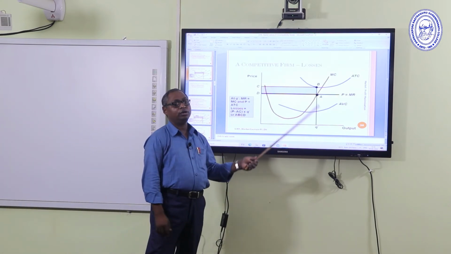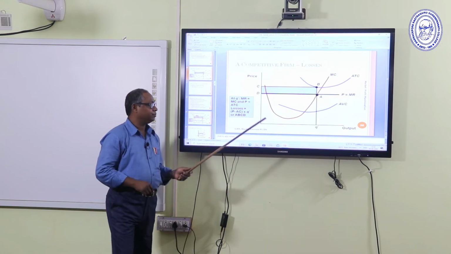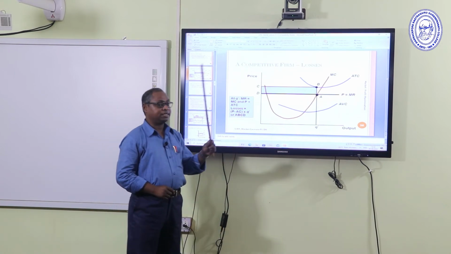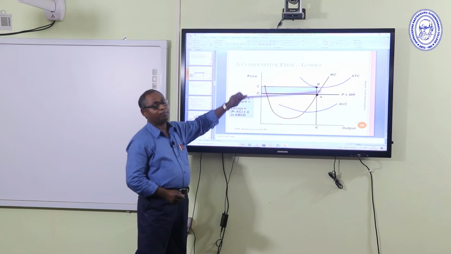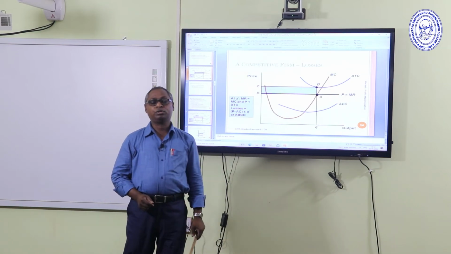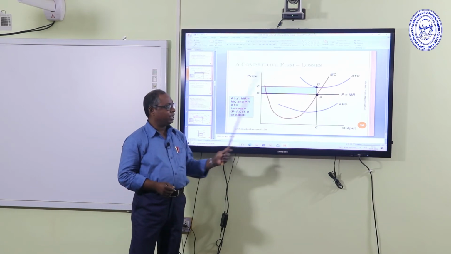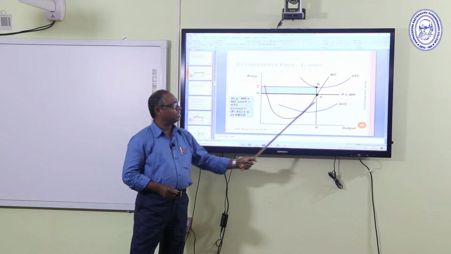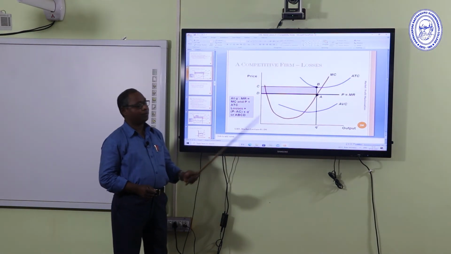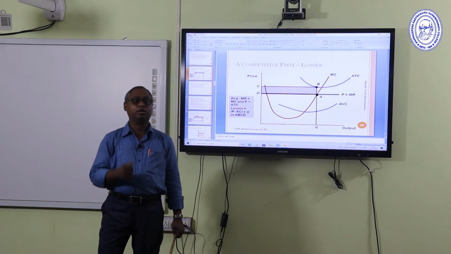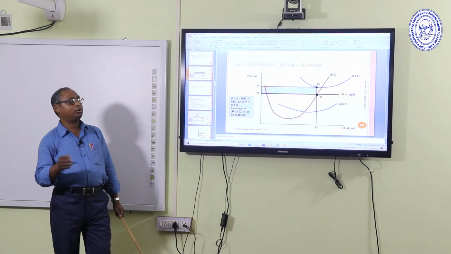Here we are concentrating only on the case where the firm in the short run makes losses. So here, as I said earlier, if the price line is below the minimum point of the average cost or average total cost line, then the firm makes losses. And here, if the price line is here, the net loss is A, B, C, D amount. So the question here is whether the firm will continue production in the short run or not.